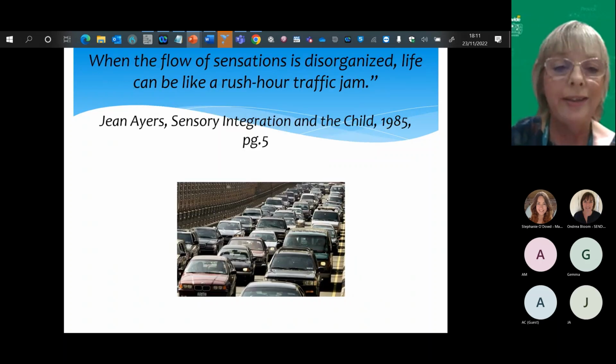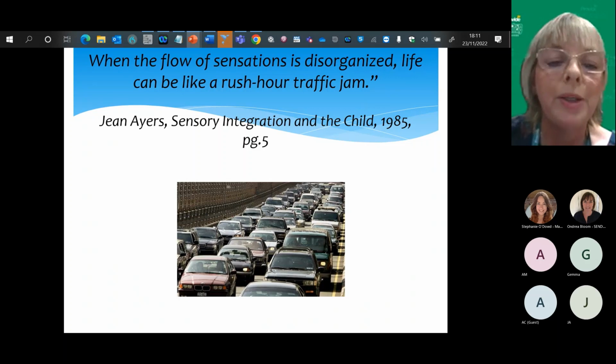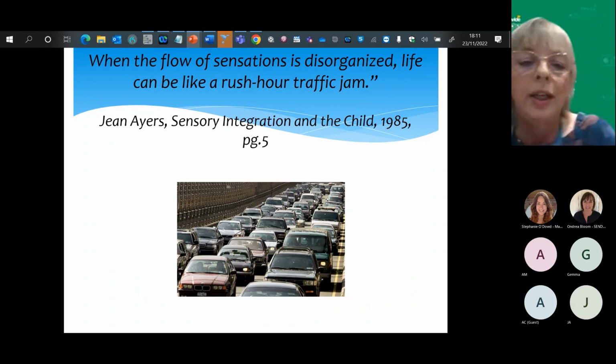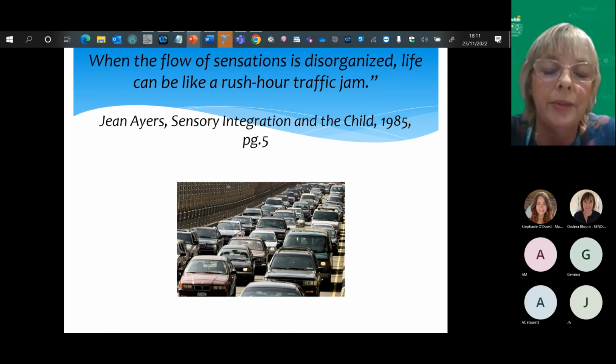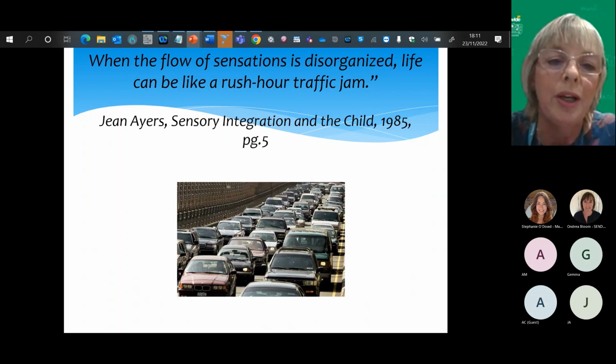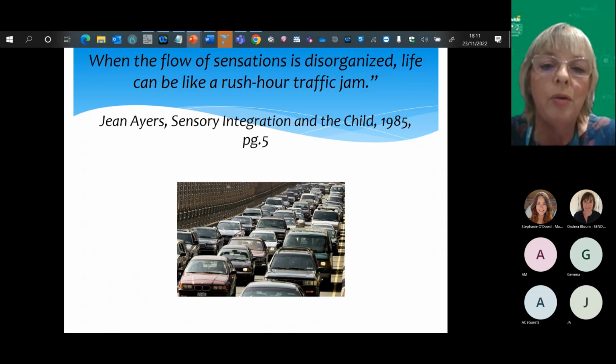I hadn't actually seen this until I borrowed this presentation from one of the other ladies who's running the training today, which was quite funny really, because when I'm doing training, I always talk about when you're dysregulated, it's a bit like being in the central reservation of the M25.